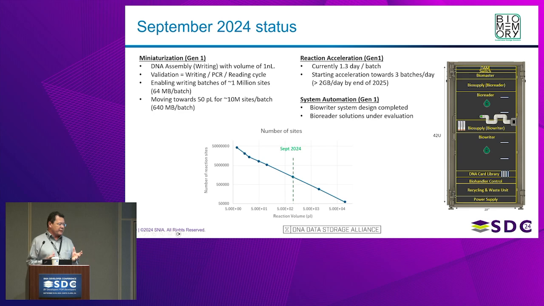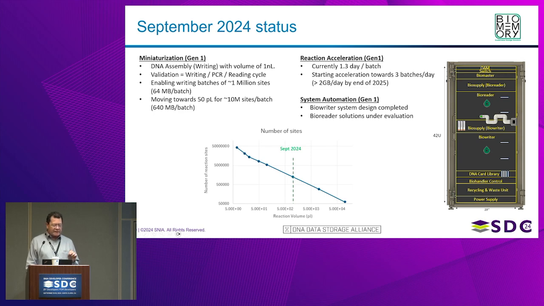So where are we today? It's a nice story and so on, but as I said, we're at the initial stage. We are working on different axes of optimization. One is the miniaturization of the reaction, because this drives how dense or parallelized you can make it for a given space, a rack, let's say.